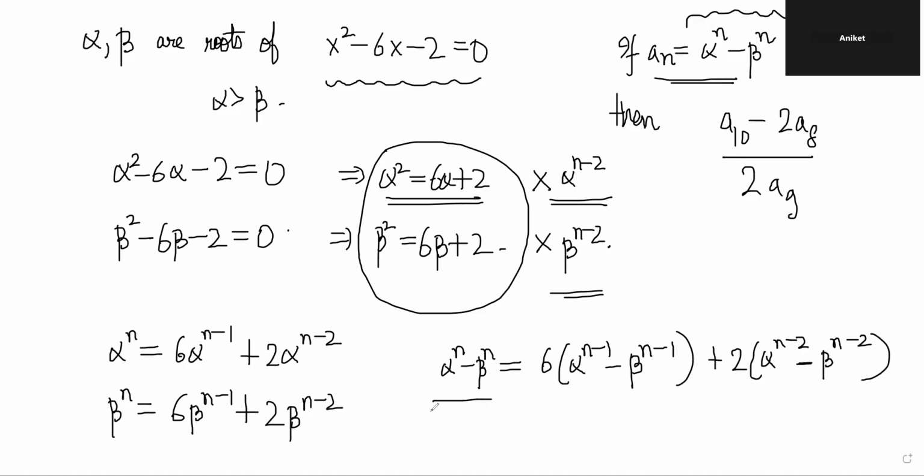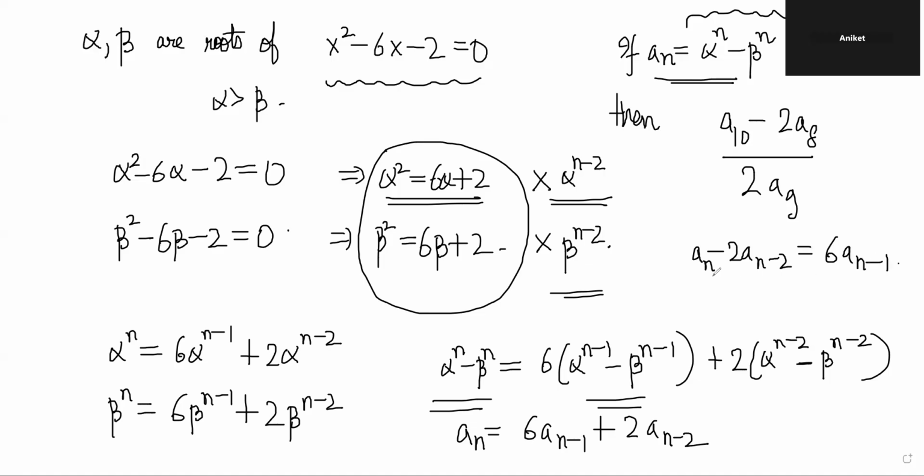So this is your an. These are an minus 1 and an minus 2, right? We can say an is equal to 6 an minus 1 plus 2 an minus 2, and we can say an minus 2 an minus 2 is equal to 6 an minus 1, right?